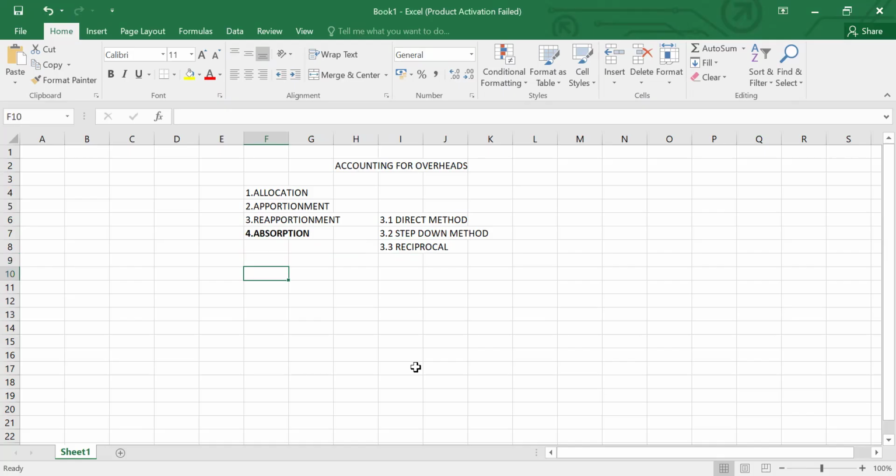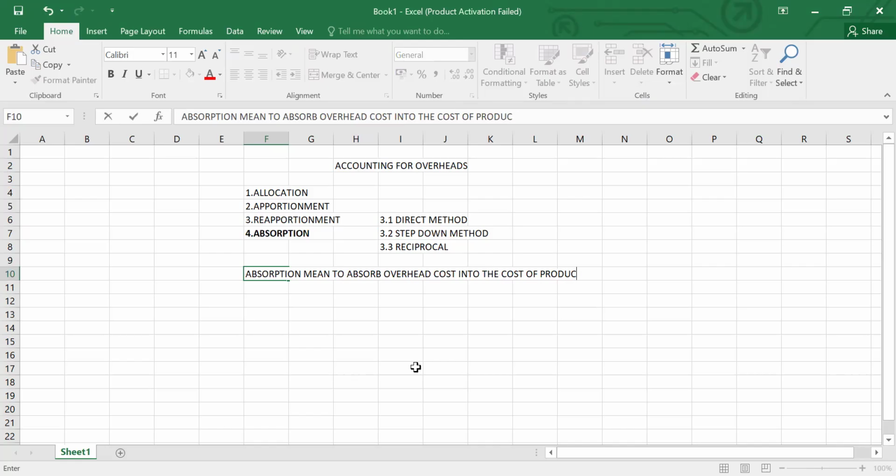Now, what is absorption? Absorption means to absorb overhead cost into the cost of production, or we can say into the cost of product.